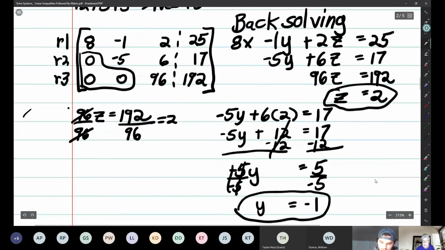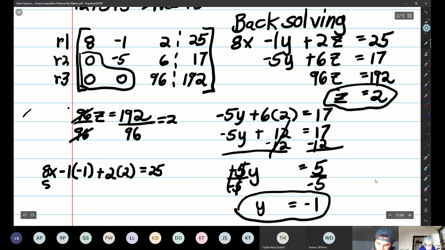And then finally, 8x minus 1 times -1, that's what y is, plus 2 times z, and z is 2, equals 25.